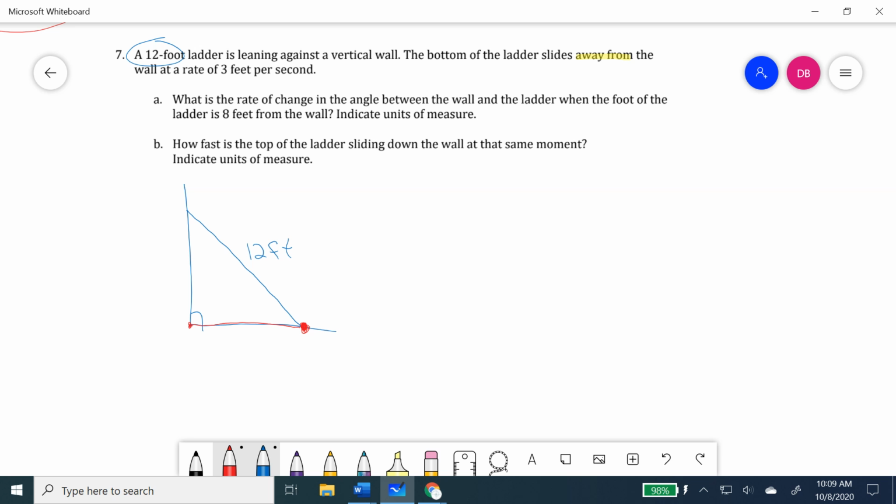And if I look at that distance between an anchored point and the one we know how quickly it's moving, that matches the rate of change of this length. And because it's sliding away from the wall, it's gaining. So that gives me a dx/dt, positive.